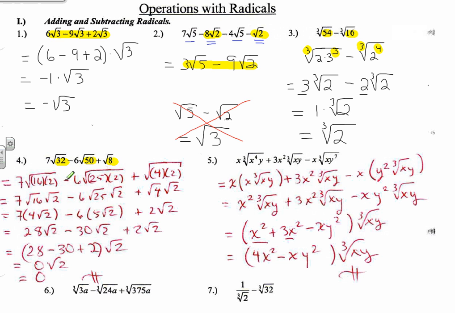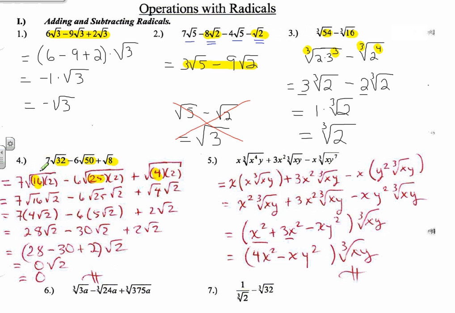I take the 32 and I try to write it as a product of two numbers where one of them is the largest perfect square factor of 32, which in this case turns out to be 16. 16 times 2 is 32. Similarly, for the 50, the largest perfect square factor of 50 is 25, and for the 8, the largest perfect square factor is 4.